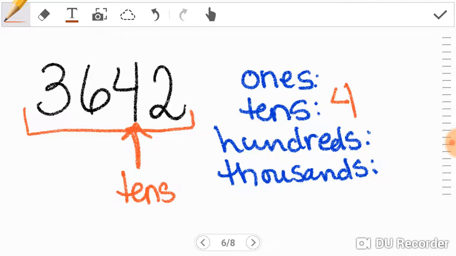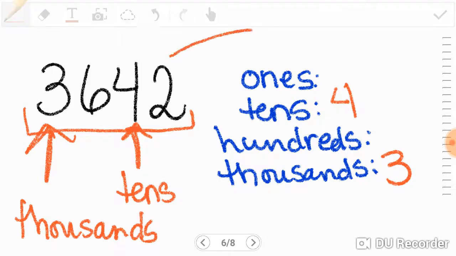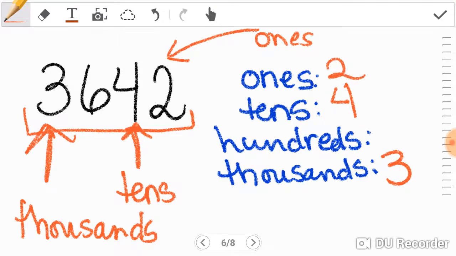Can you tell me what is in the thousands position or place? If you said 3, you are correct. 3 thousands. Now, what is in our ones place? If you said 2, you are correct.